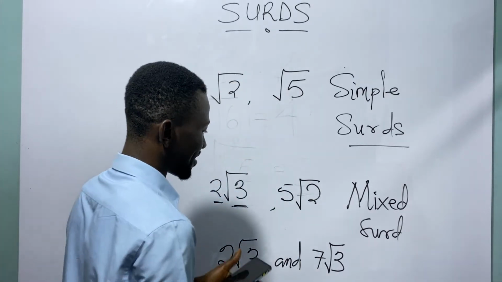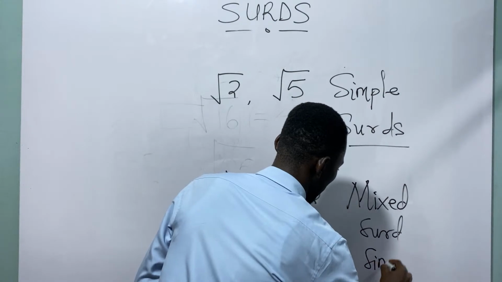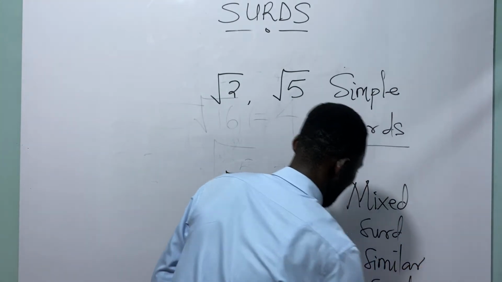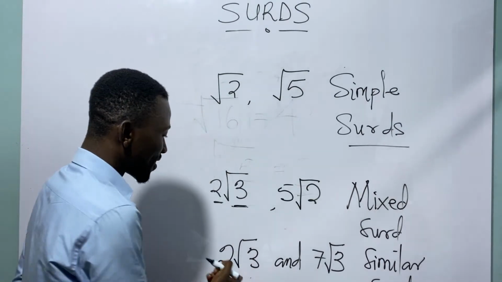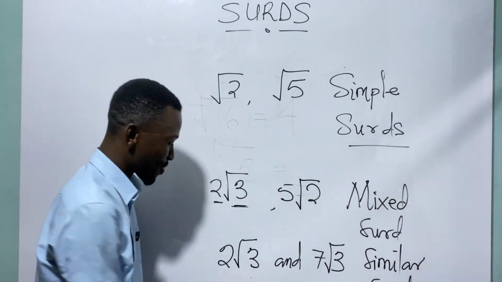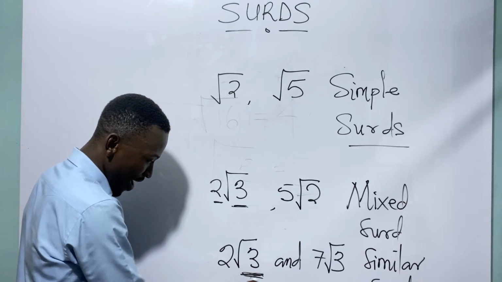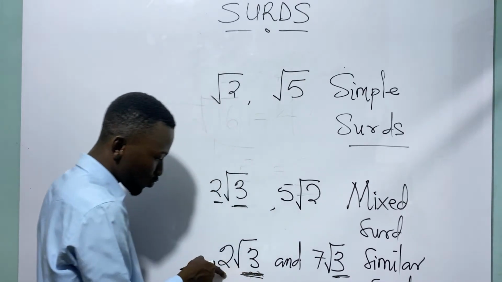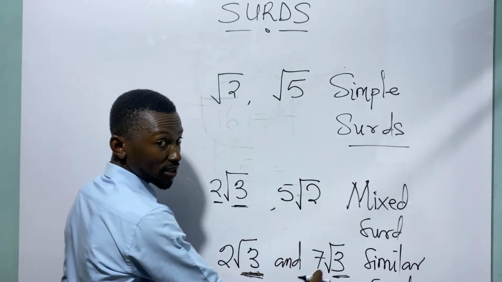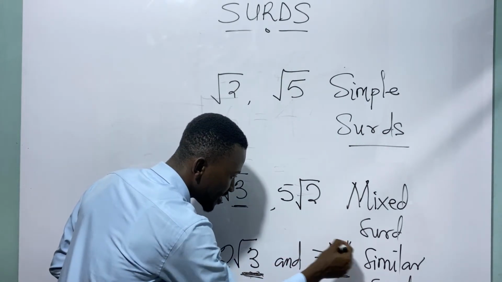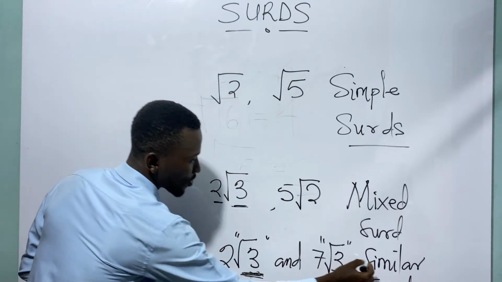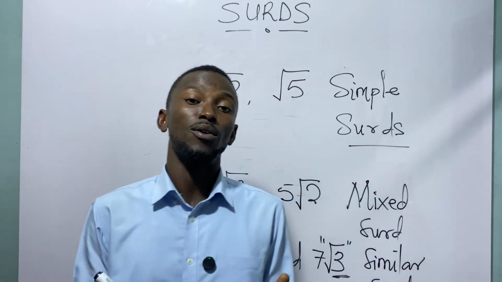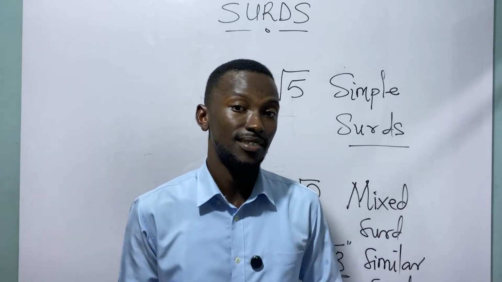Similar surds. So take note of this. This and this are similar surds because of this. So we have square root 3 and root 3. Because of these 3s here, they are known as what? Similar surds. And one interesting thing about addition of surds is this.